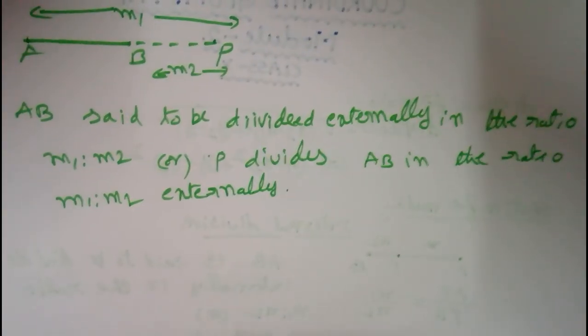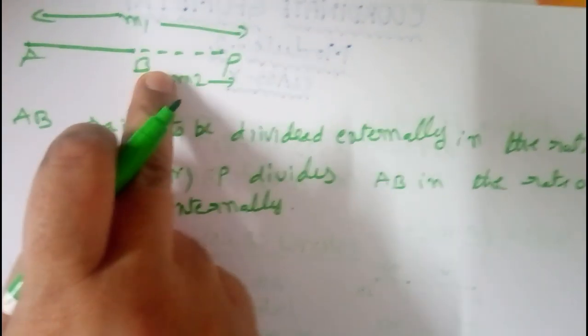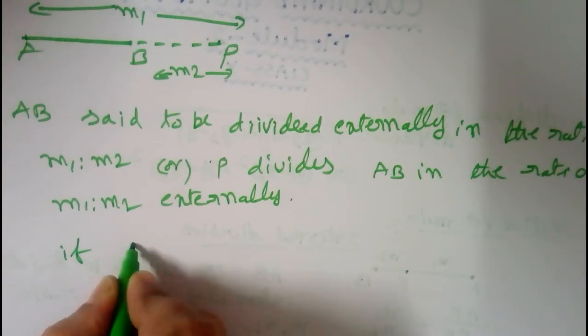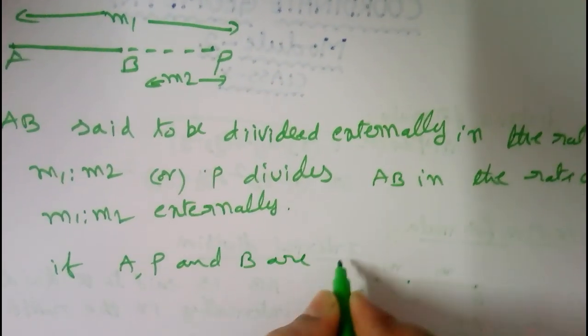So we can say that A, P, B are collinear.